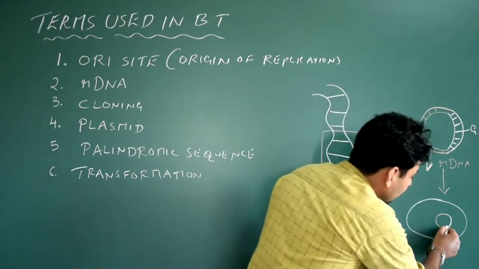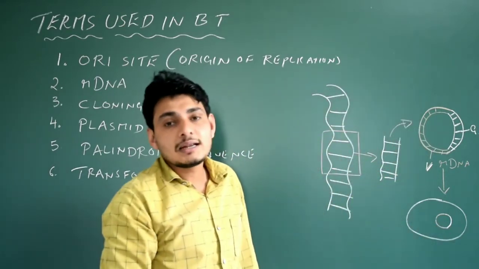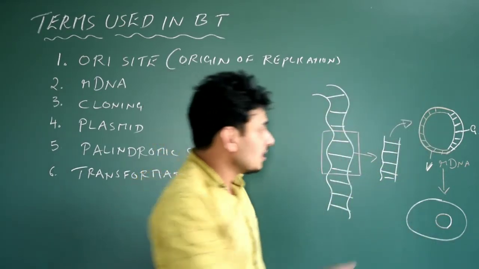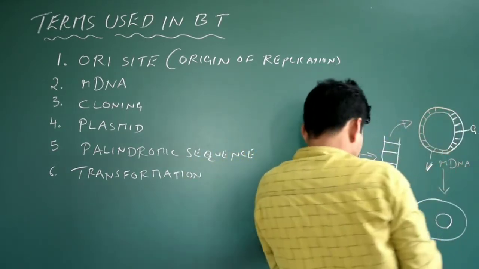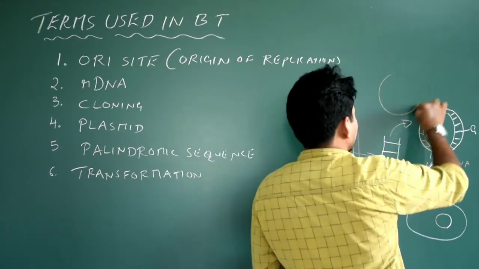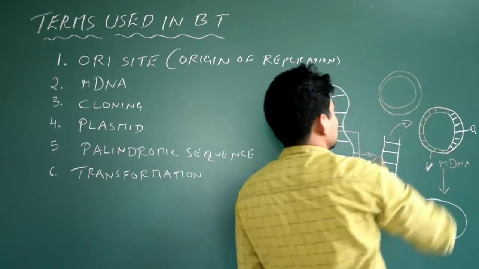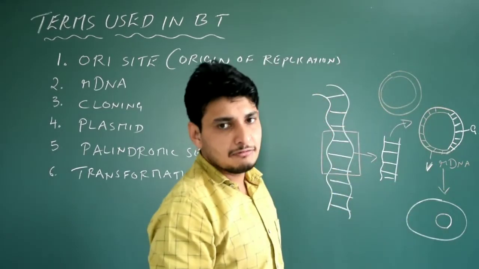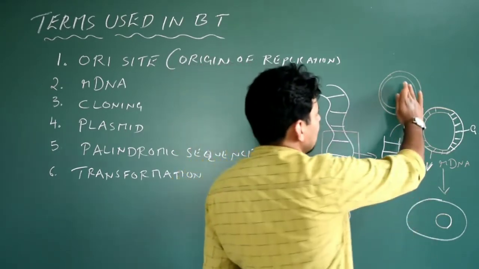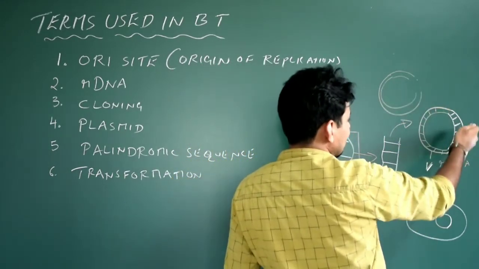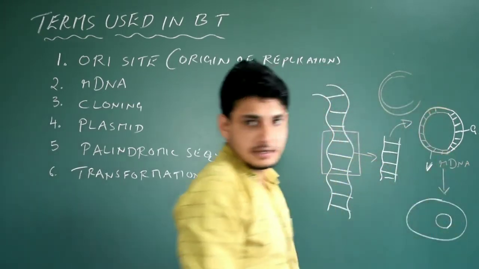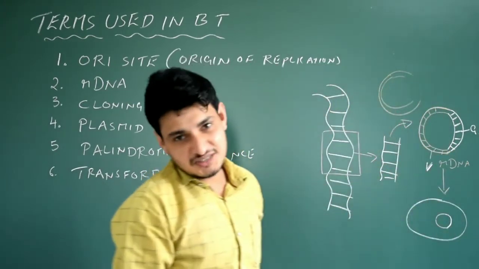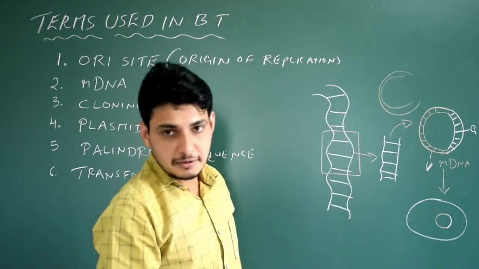If you take a clean vector, the vector will be circular like this, containing double stranded DNA with all the nitrogenous bases. And for the insertion of a gene of interest, I have cut some piece of it, correct? I have removed it. So some part is gone from the vector.